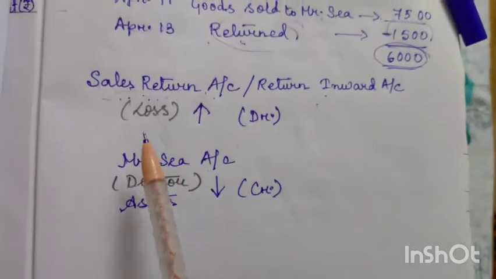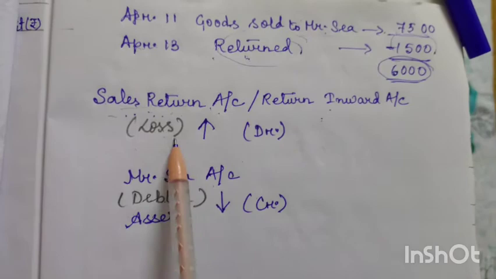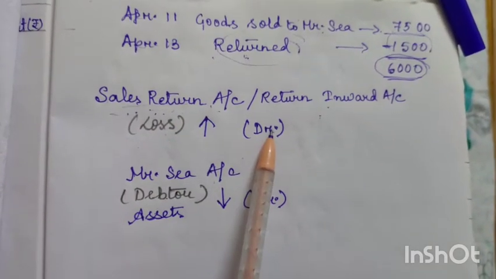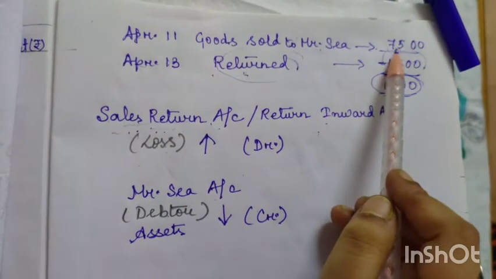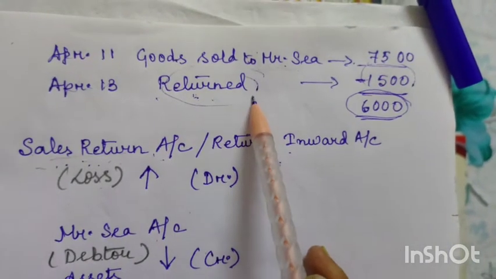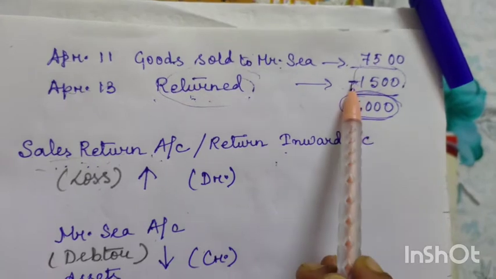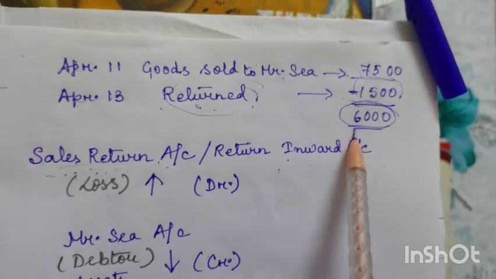Now come to the thing for debit and credit. Sales return is a loss, so if loss increases, it is debit. And Mr. C was our debtor. Earlier he was supposed to pay us 7,500, but as he has returned the goods of 1,500, now he needs to pay only 6,000.